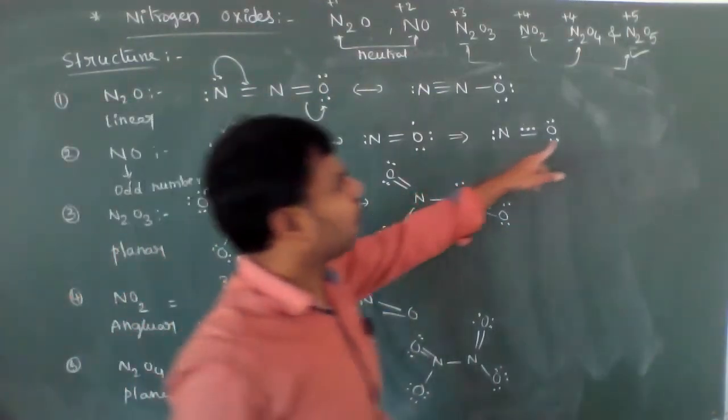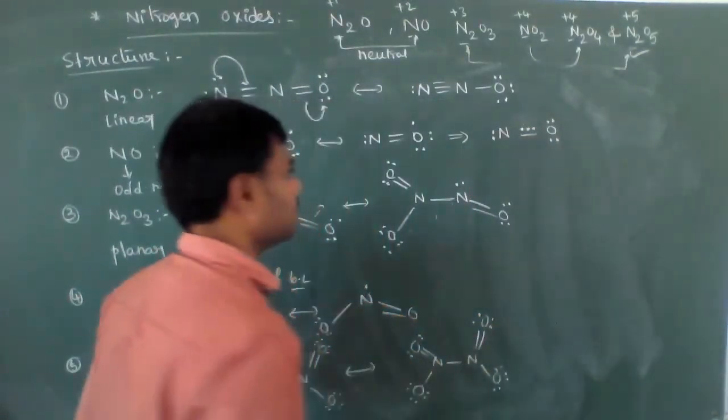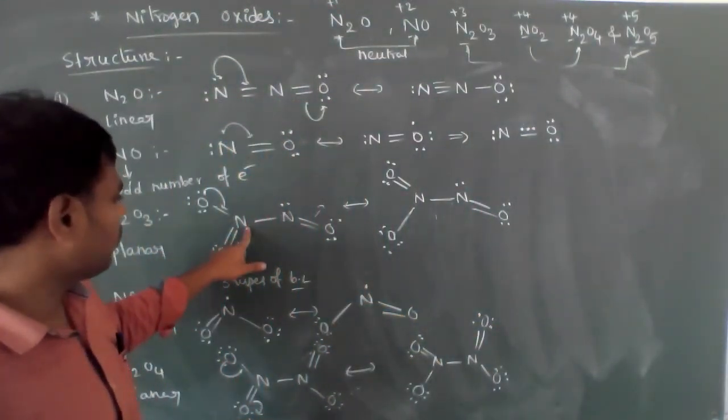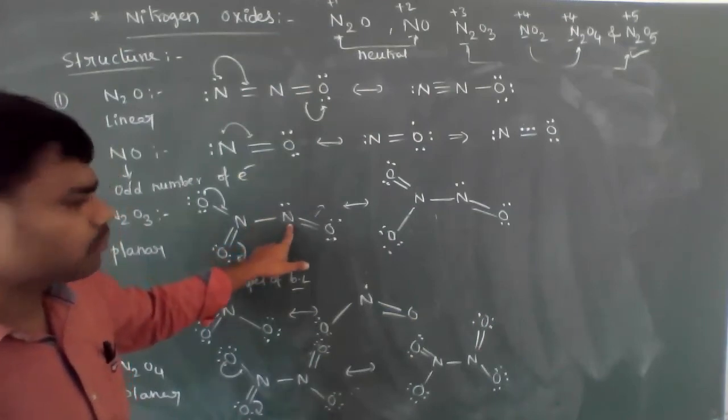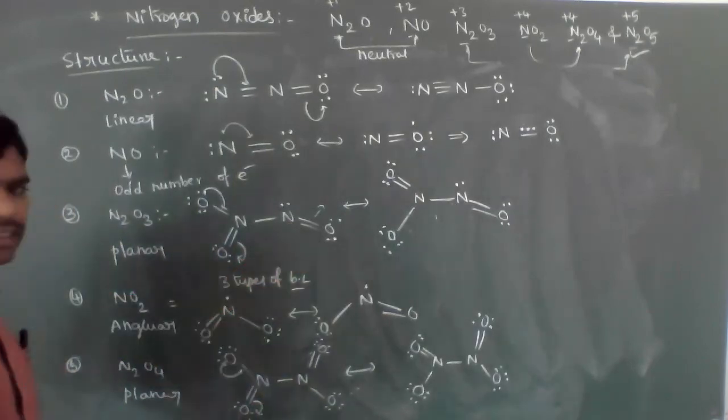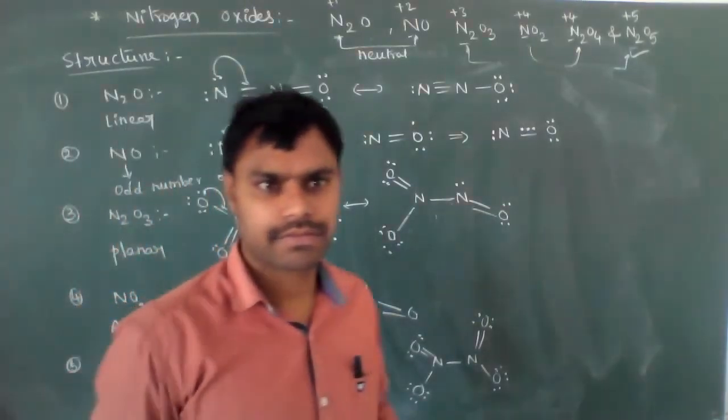As well as in N2O5 also nitrogen covalency is 4 only. But in N2O3, one nitrogen atom's covalency is 4, another nitrogen atom's covalency is 3. Covalency means bonding capacity.